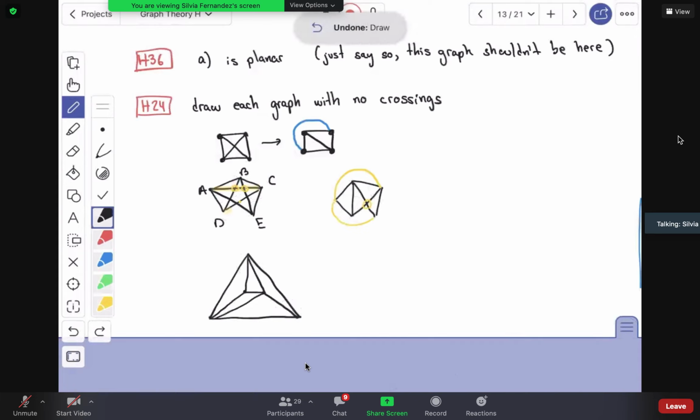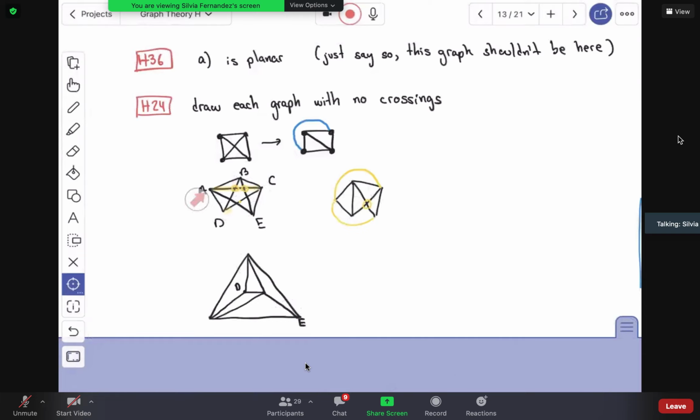So this one is the same as, so the one that is not there, right? This is the only edge that is not in this to make it a K5. So that's going to be DE. And then I can label the other vertices in any way, and you can check that it's actually the same graph. A, B, C.